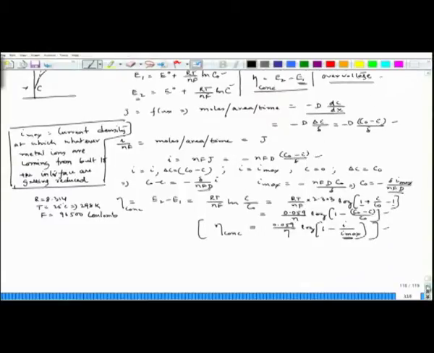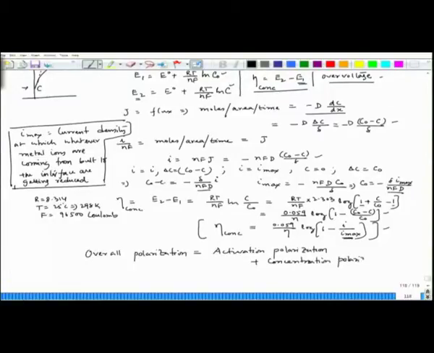Now, if I try to connect both, this means this is concentration polarization. So, overall polarization should be equal to activation polarization plus concentration polarization.